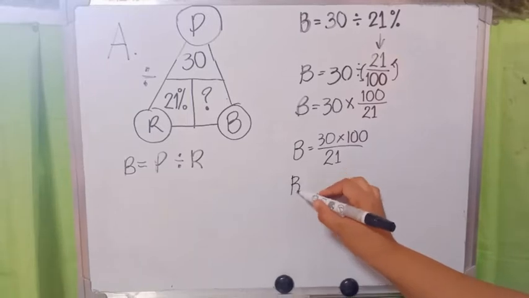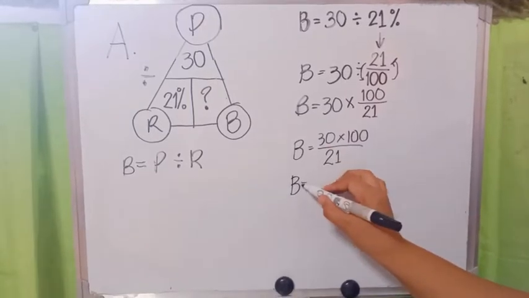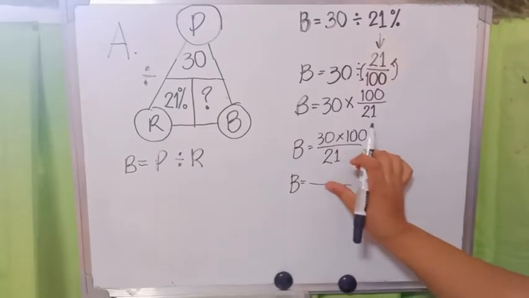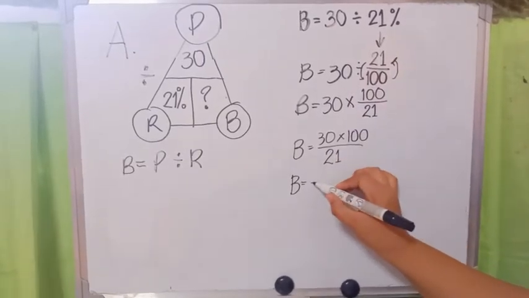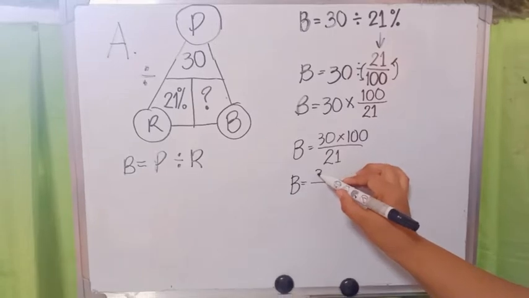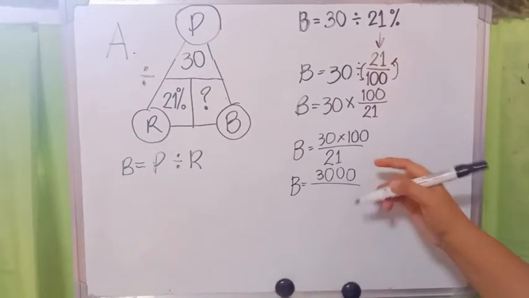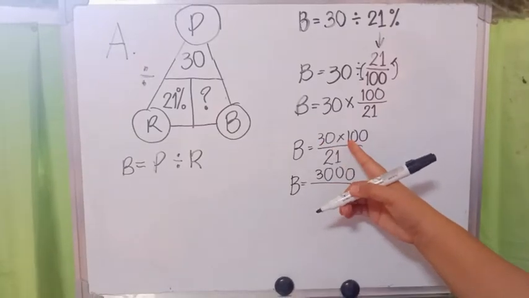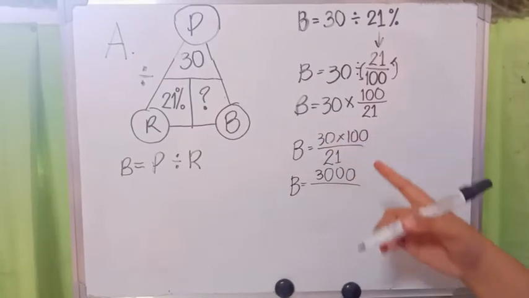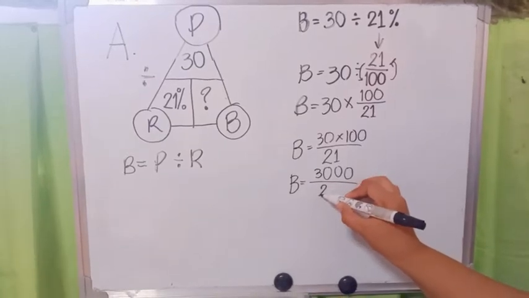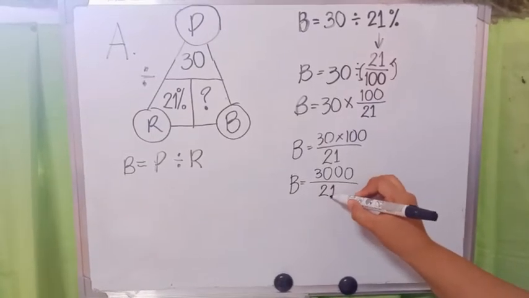So let's continue. Multiply 30 times 100. That would be 3,000. Again, multiply 3 times 1, it's 3, and count how many zeros. We got 3,000, and divide by 21.